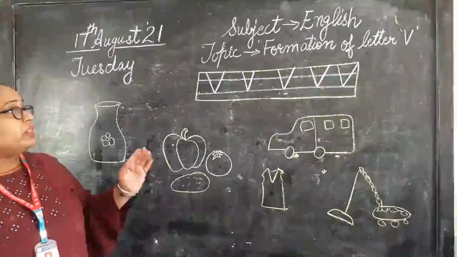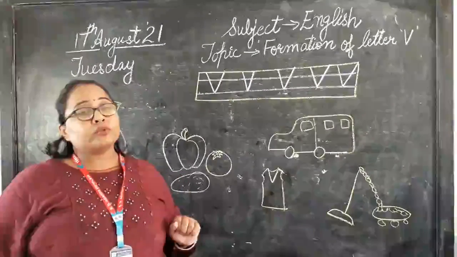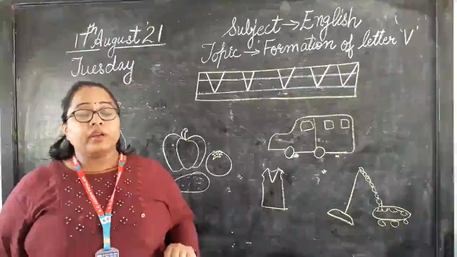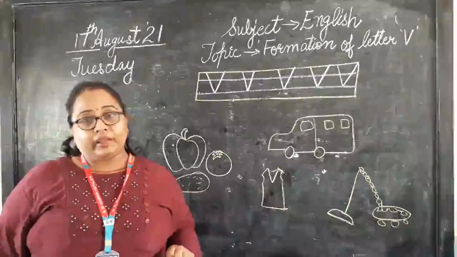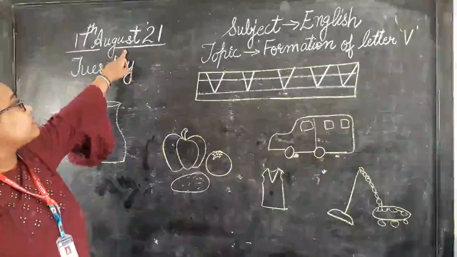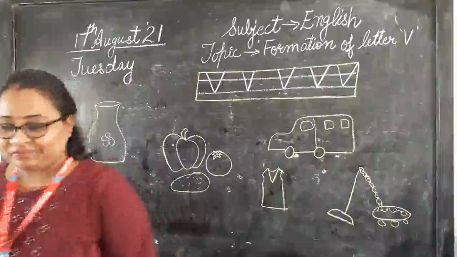Now it's time, let's move towards the notebook and see how to do our today's work in notebook. Okay? So open your notebooks quickly and write today's date, 17 August 2021. Okay guys?